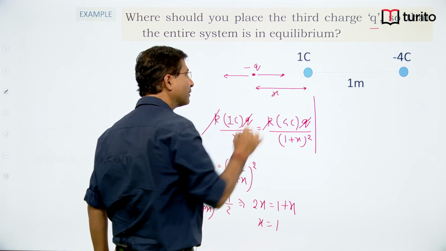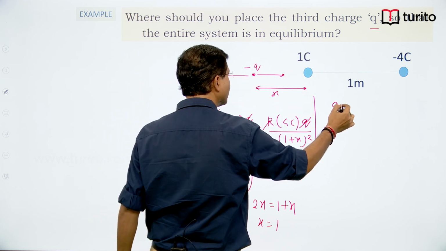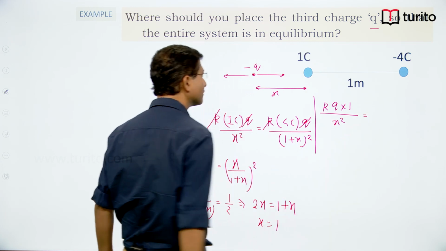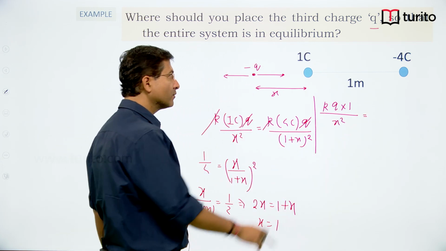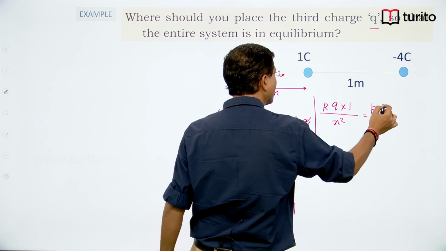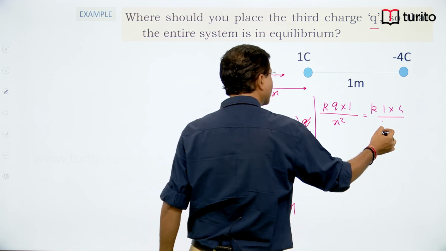I am drawing the free body diagram of this one. This will attract this one. This is q into 1, k divided by x square, is equal to the force of interaction between these two, that is k into 1 into 4 divided by 1 square.